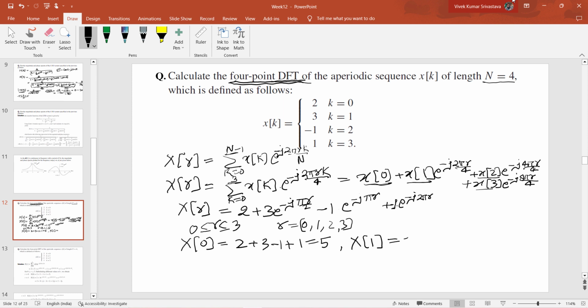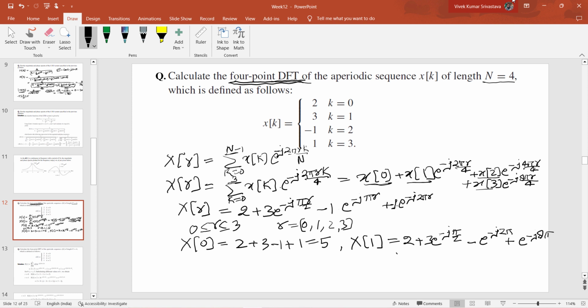This will be equal to 2 plus 3 e raised to the power minus j pi by 2 minus e raised to the power minus j 2 pi plus e raised to the power minus j 8 pi.